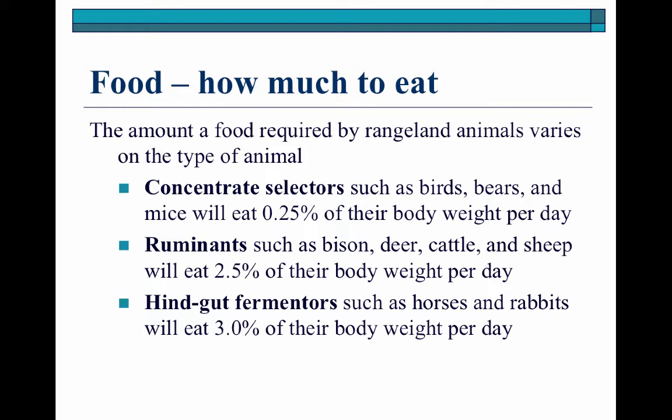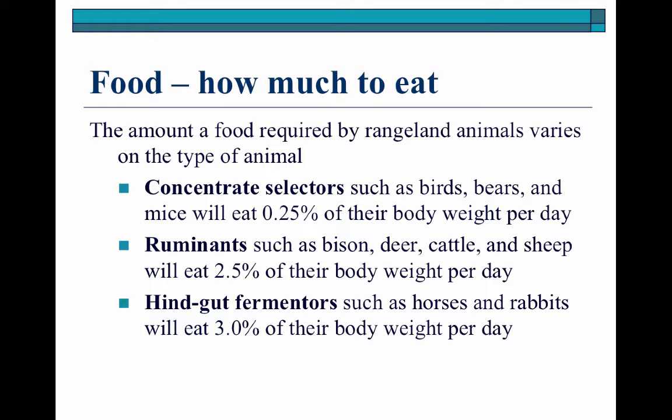Individuals that have a ruminant system, such as our grazing livestock species, cattle and sheep, as well as wildlife species like deer, pronghorn antelope, and elk, all eat about 2.5% of their body weight per day. That's on average.